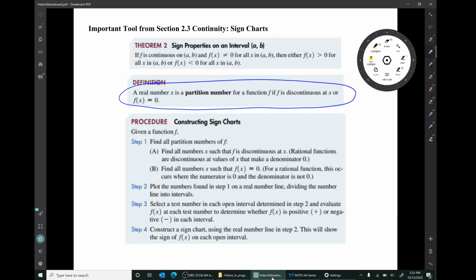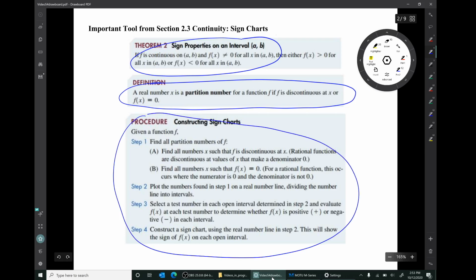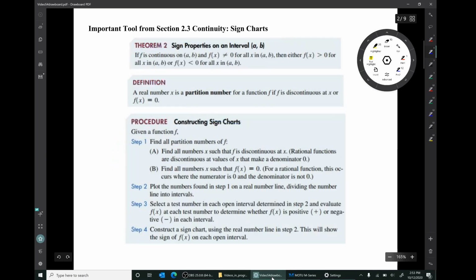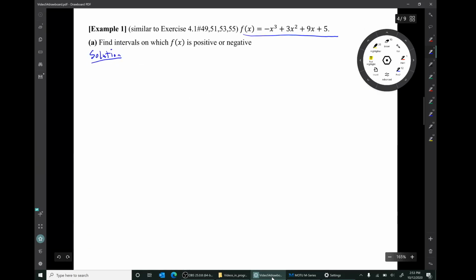So you analyze the sign behavior of a function by finding the partition numbers and making a sign chart for the function. So our strategy should be find the partition numbers for f of x, make a sign chart for f of x, and then use that to answer the question.